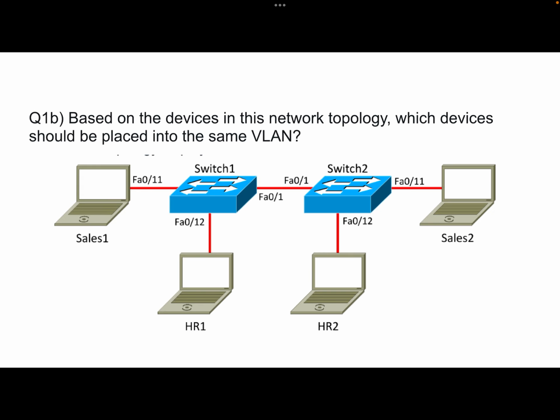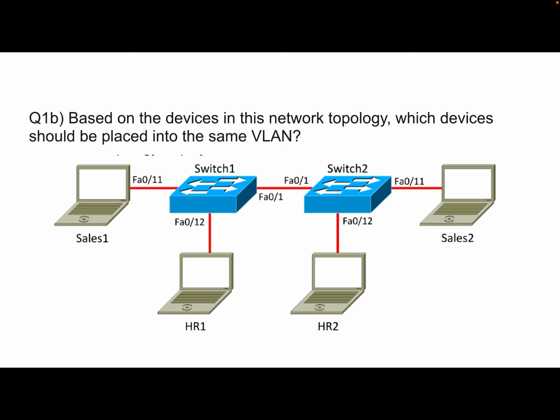Now, question B is asking, based on the devices in this topology, which devices should be placed into the same VLAN? We can see here we've got a sales laptop, an HR laptop, an HR2 laptop, and a sales 2 laptop, and two switches which are connected to each other. If we want our sales people to communicate with each other, they should be in the same VLAN.